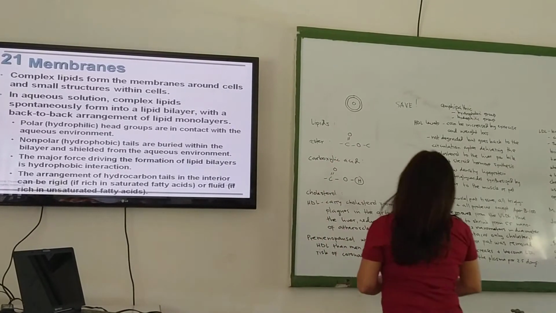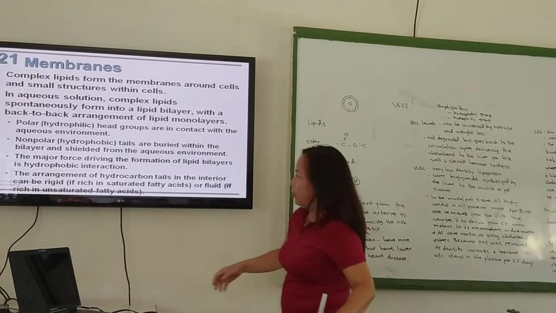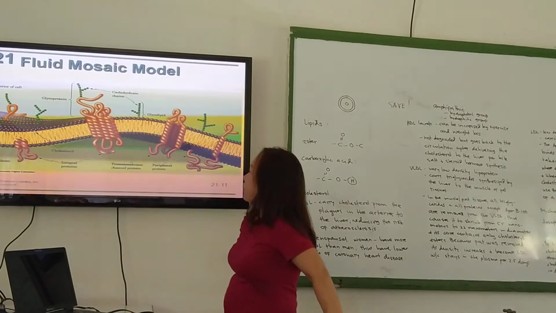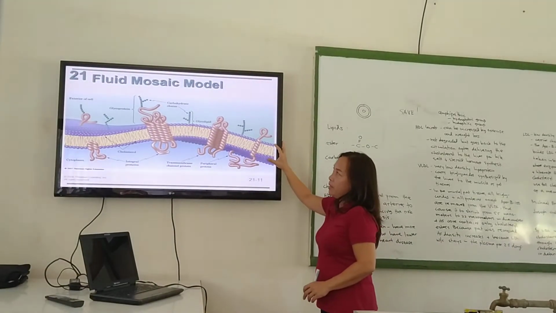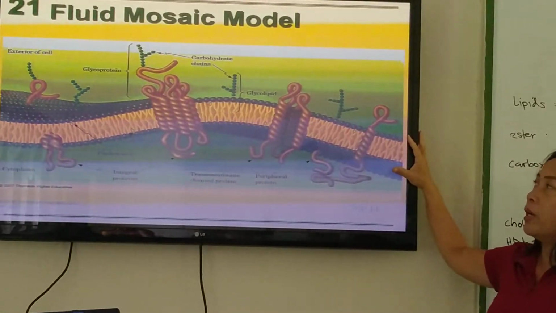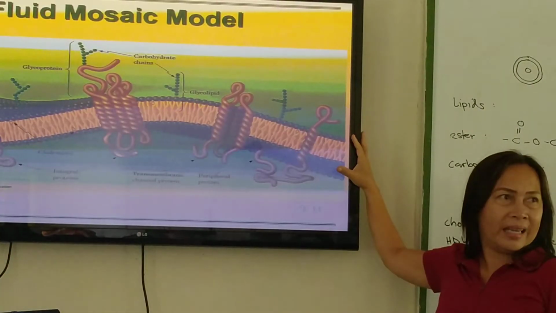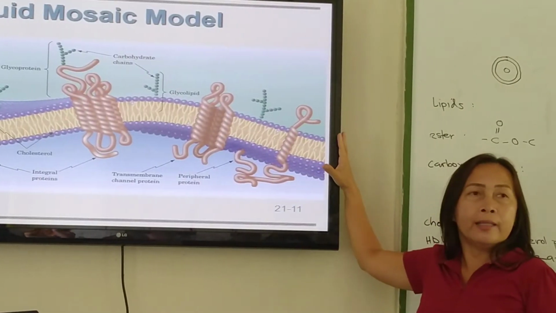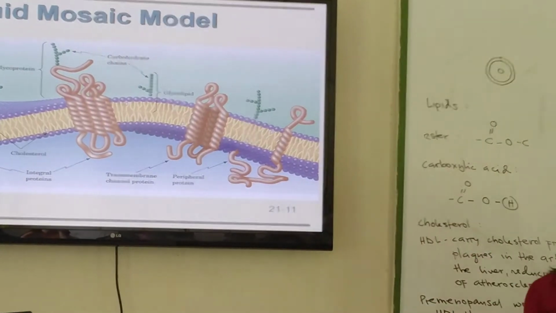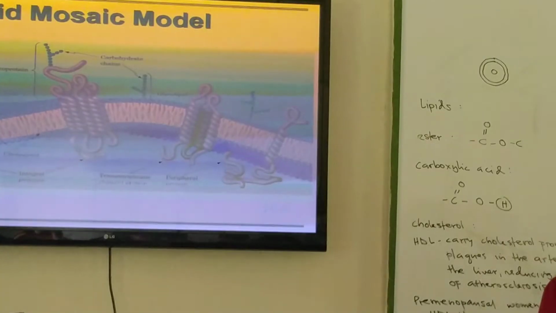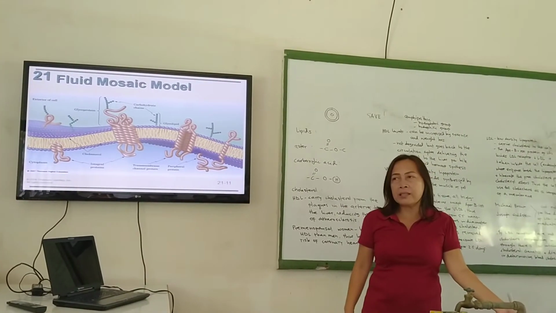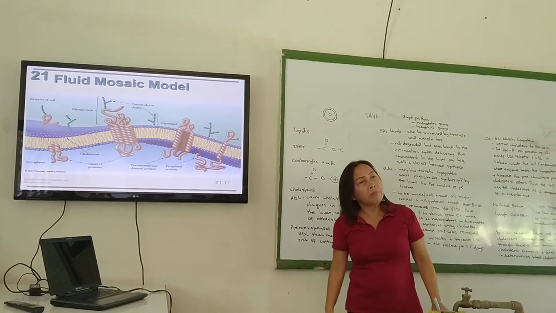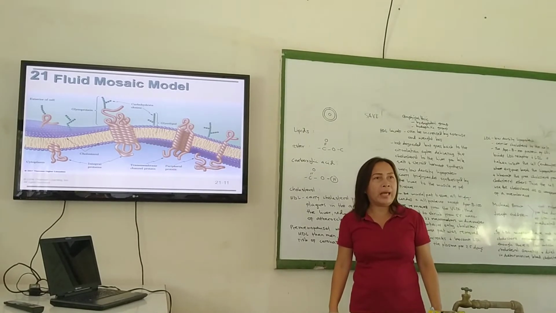Now actually there are two. Okay, we have here the picture of the cell membrane or the plasma membrane. And it is described as fluid-like. So our model is said to be fluid-like. Now, what increases the fluidity of the membrane? I'll discuss that later. What makes the membrane fluid-like?